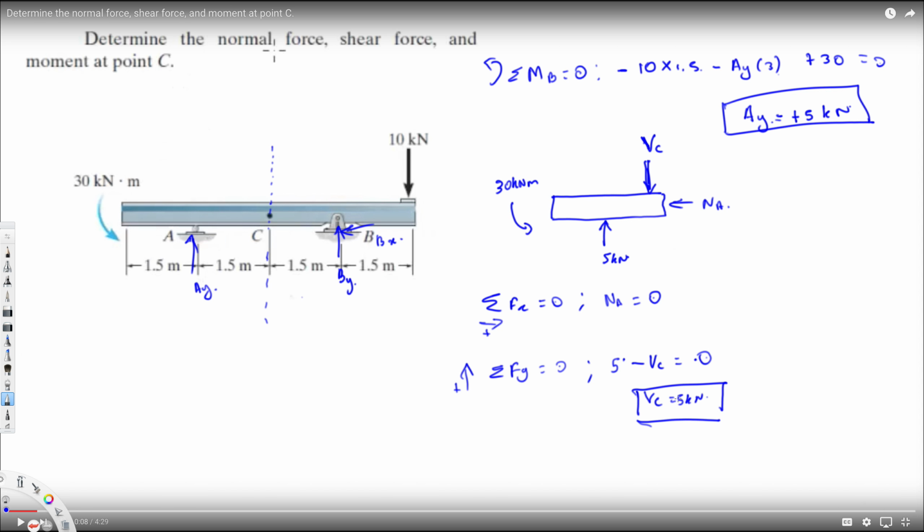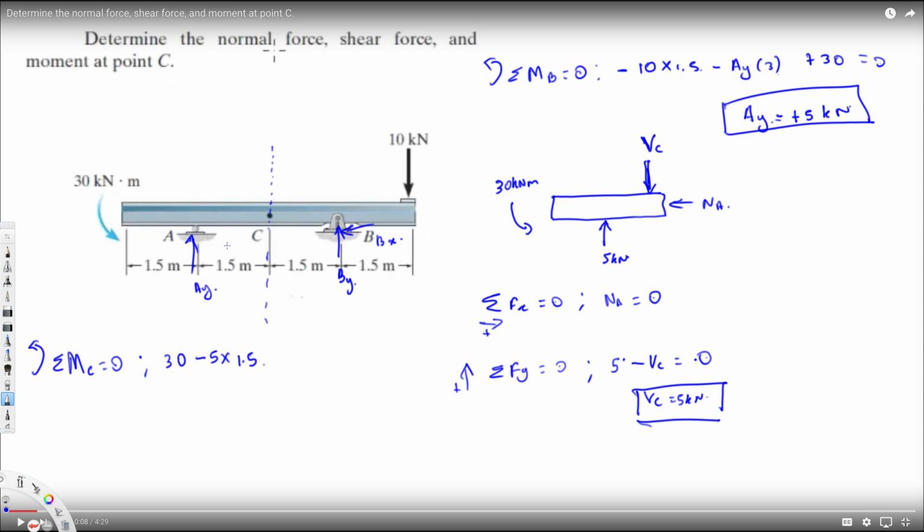And then the final question is asking to find the moment around C. To calculate it, I have to take moment around C. If I take MC equal to 0, this 30 is acting counterclockwise, so it's going to be positive 30, and we have Ay pushing this object clockwise, and we know Ay already, so it's minus 5 times 1.5.